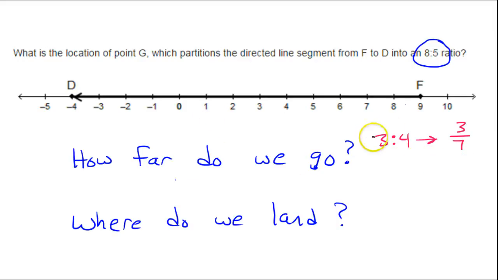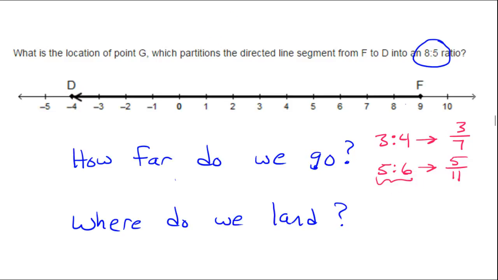In order to produce this ratio, I need to move 3/7 of the total distance. If I saw a ratio of 5 to 6, that would mean I would need to move 5/11 of the way over. Hopefully you can see I'm getting the denominator by adding these up.